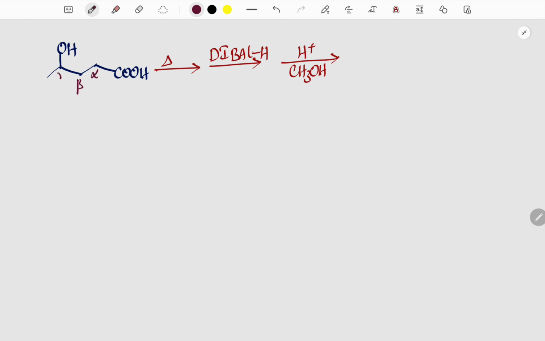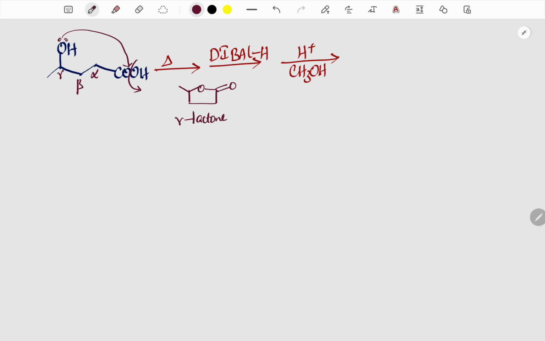When gamma hydroxycarboxylic acid is heated, intramolecular esterification takes place. So finally it gives the corresponding carboxylic ester and it is called a lactone.